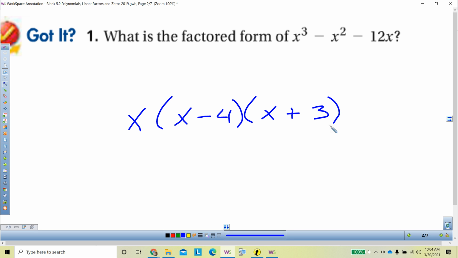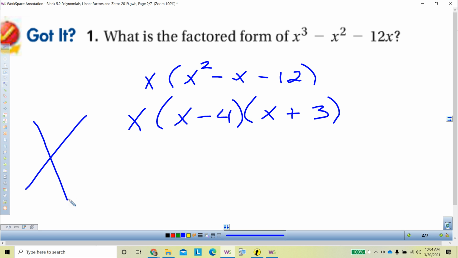Again, once we get down to this, you can do the cross part if that helps you. So I know the factors of 12 that are 1 apart because I have -1 here, are 4 and 3. Because the top is negative and the bottom is negative, the bigger factor has to be negative.